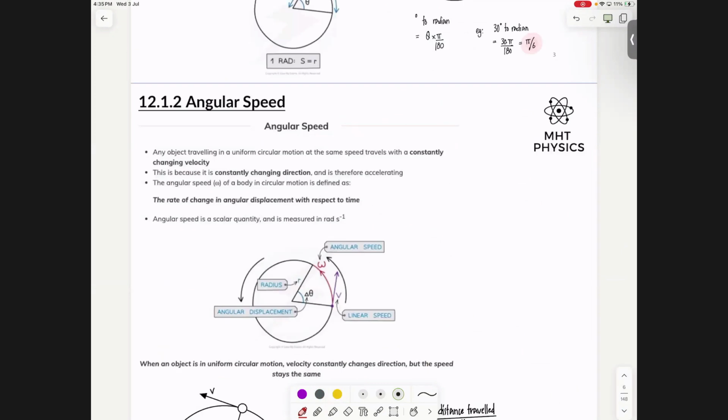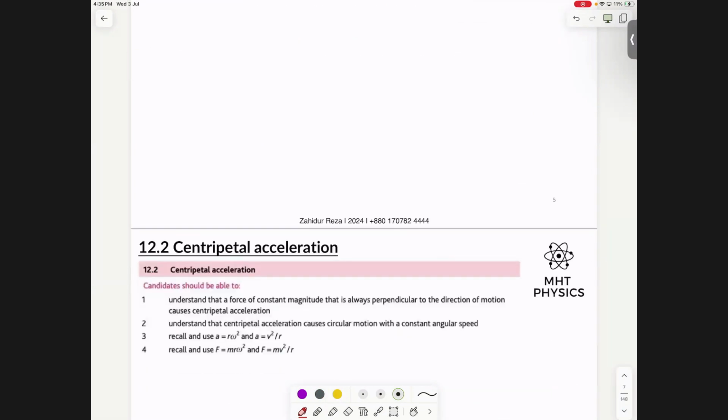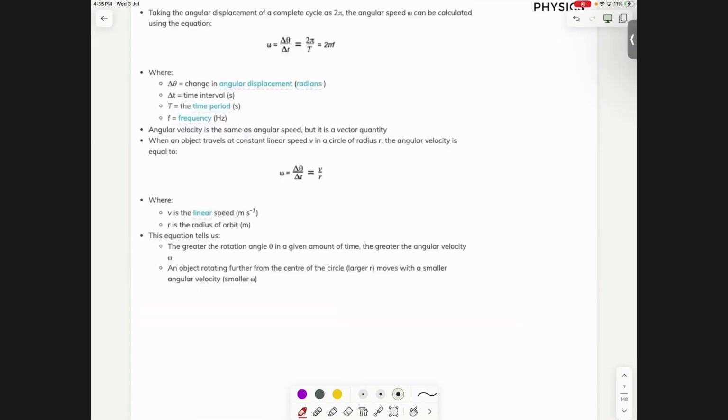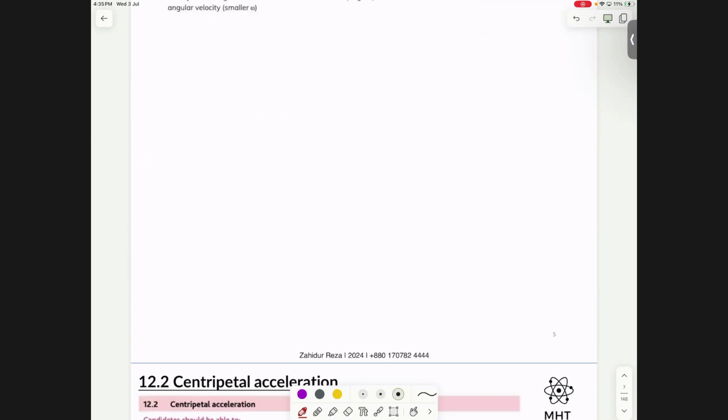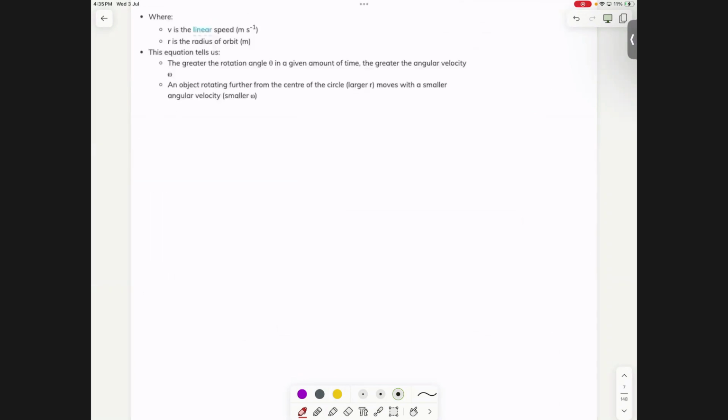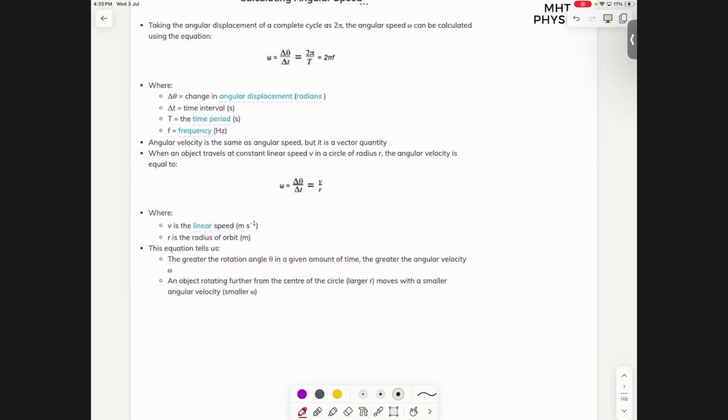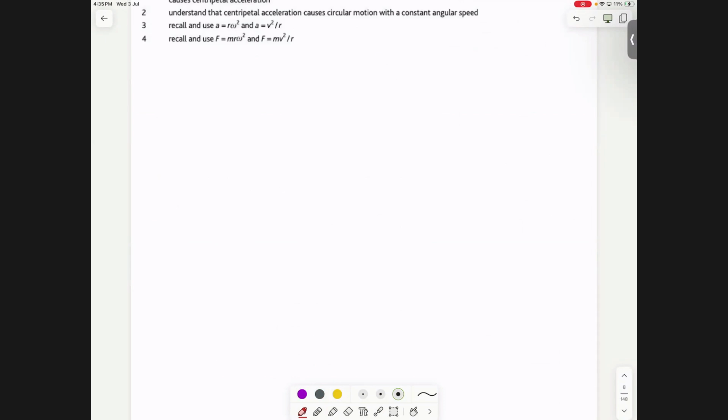Now, the crucial part of the chapter. Can you go to page 6?